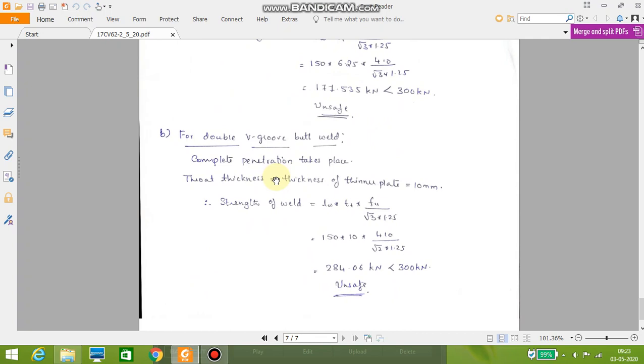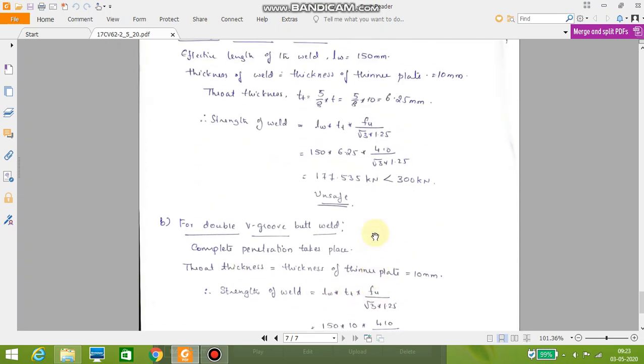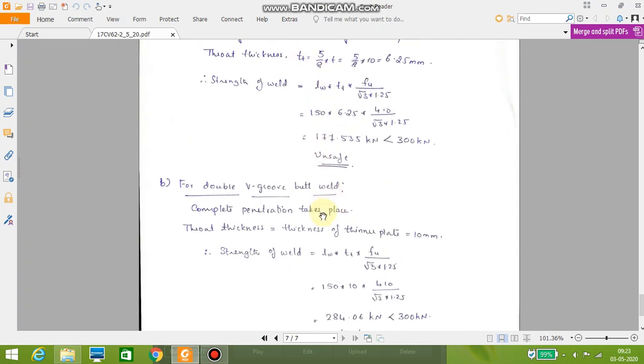Now for the double V groove butt weld, we will check whether it is safe. In this particular case, there will be a complete penetration. Therefore, the throat thickness will be equal to the thickness of the thinner plate itself. Earlier in the case of the single butt weld, we calculated throat thickness equal to 5 by 8 of T. But here no such calculation is involved because of the full penetration.